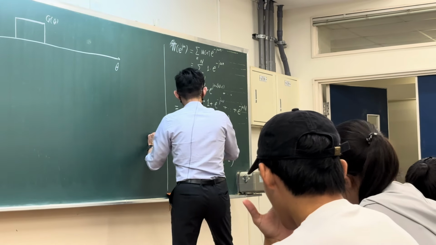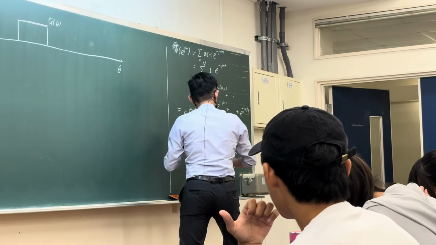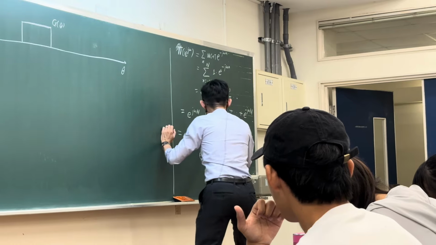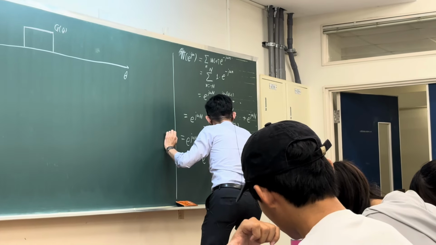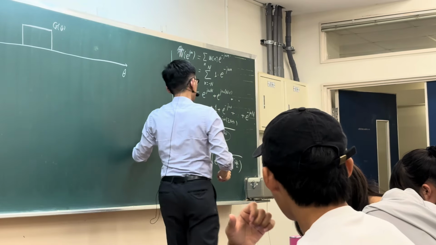What's the term we extract? We extract e to the minus j half of that angle. Half of that angle is ω times (2N plus 1) divided by 2. Be careful.